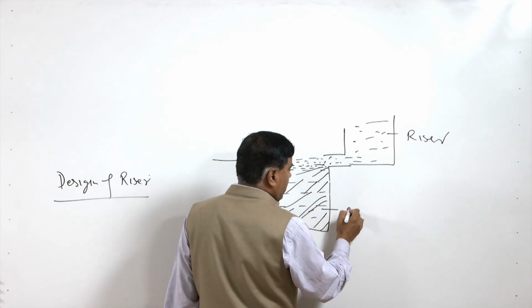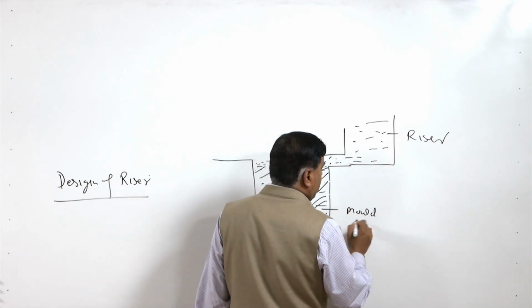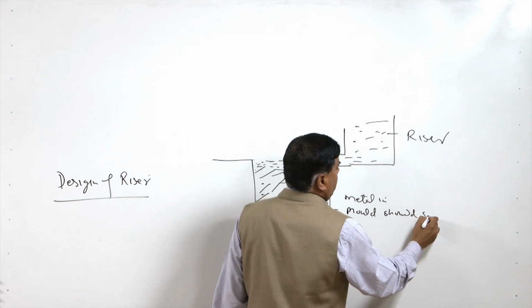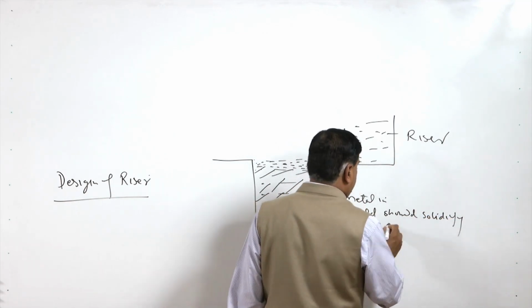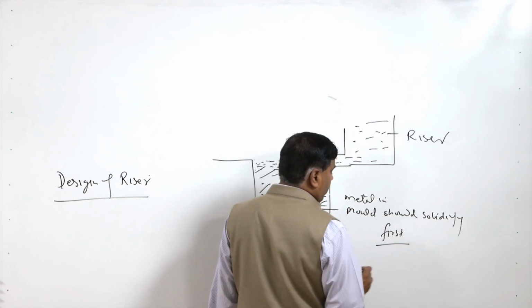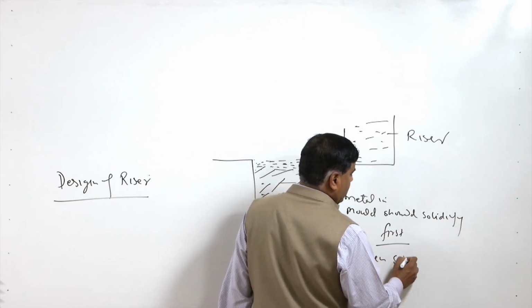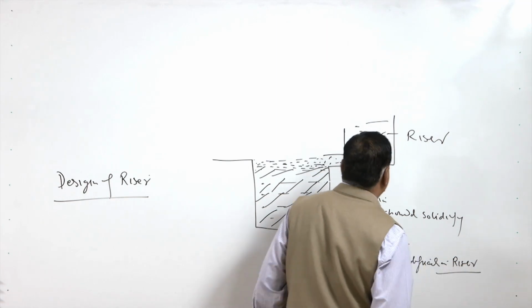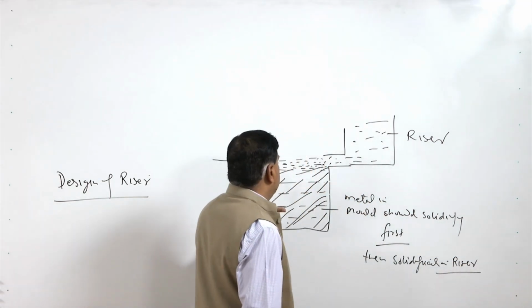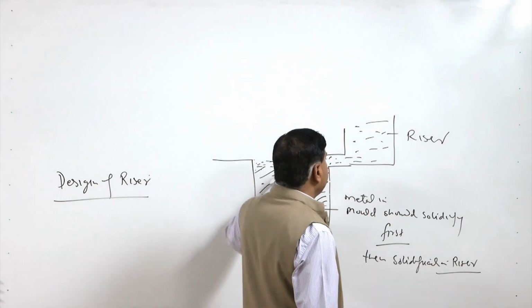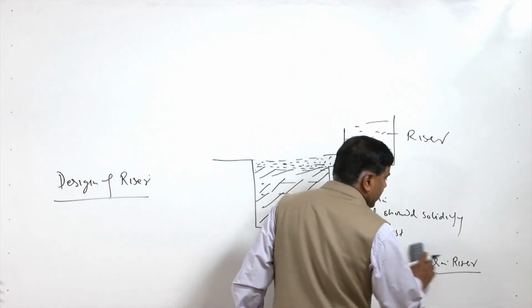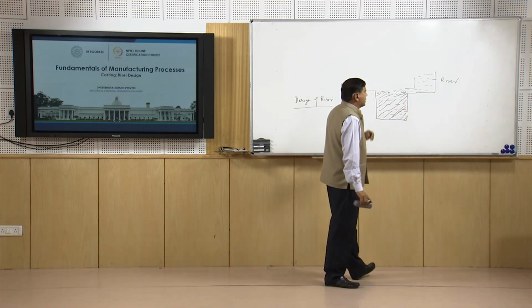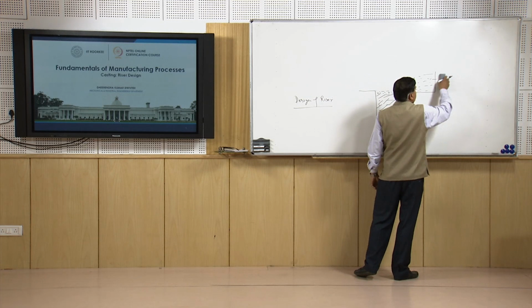So, the metal in the mold should solidify first, and then solidification in the riser should occur, so that whatever shrinkage is there can be fed by the molten metal in the riser.